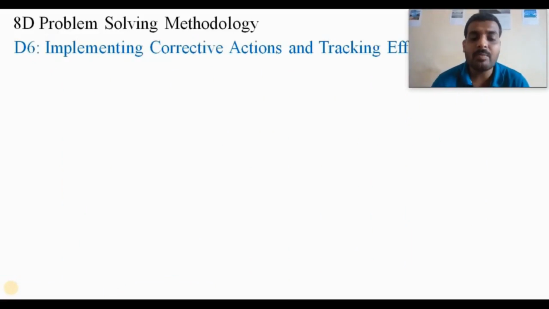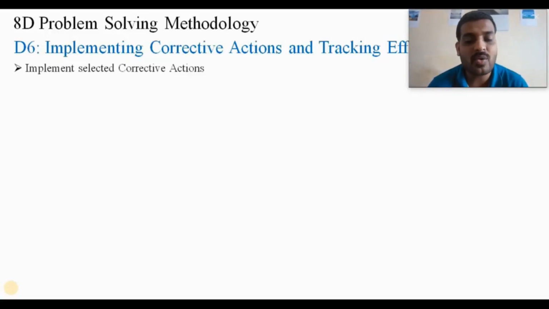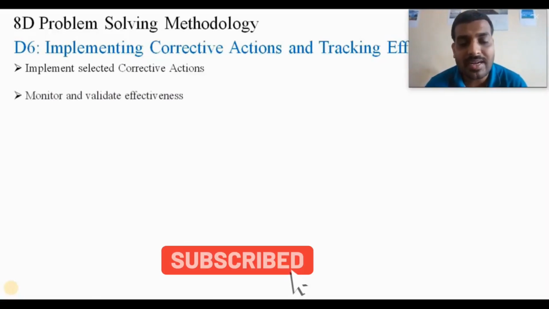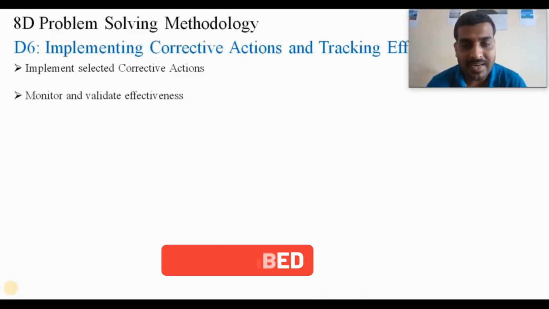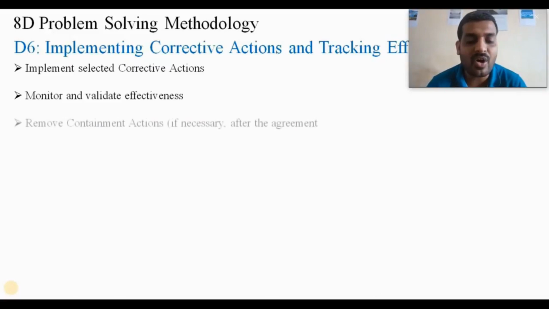This involves implementing the previously selected corrective actions, validating their effectiveness after implementation, and ensuring that there are no negative consequences. The result must be documented, and the containment action must be removed after introduction and verification of the corrective action, in agreement with the customer.